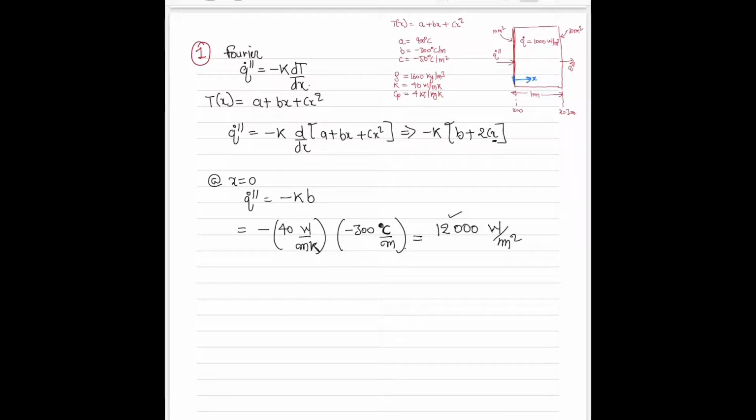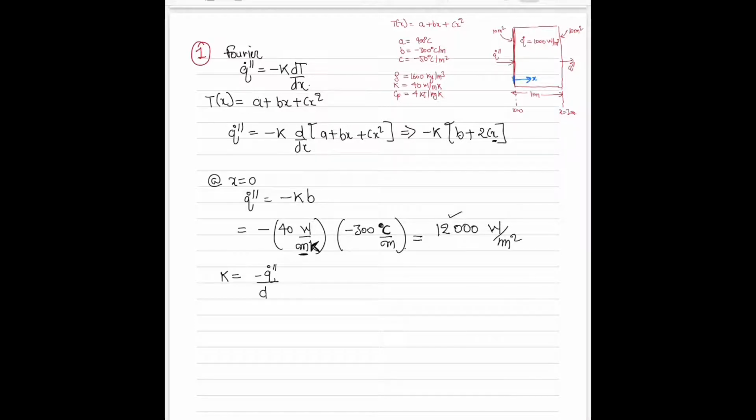Now some of you may observe that here we have Kelvin and here we have degree Celsius. So how can we cancel Kelvin and degree Celsius? This is because in k it does not matter whether you write K or degree Celsius.